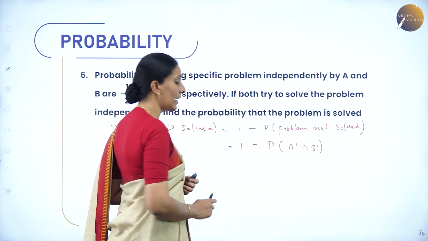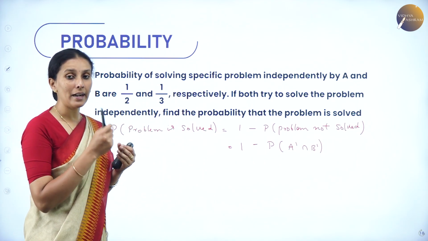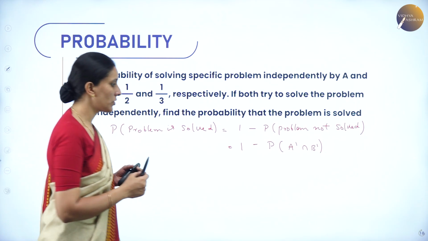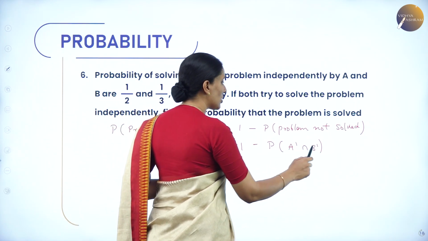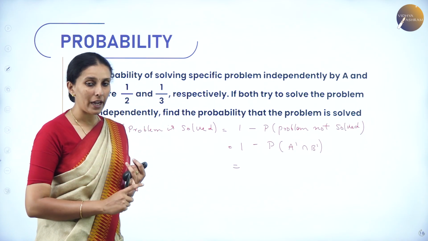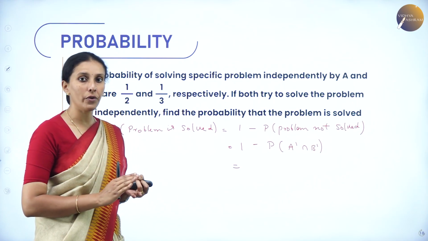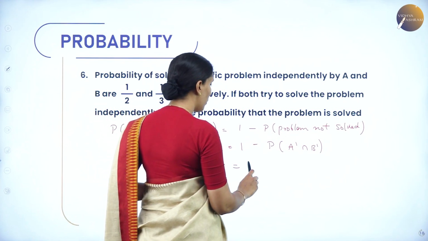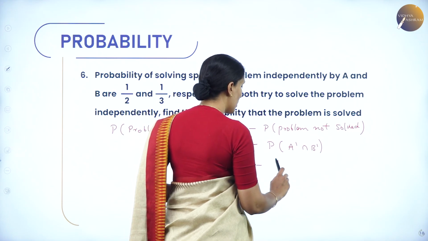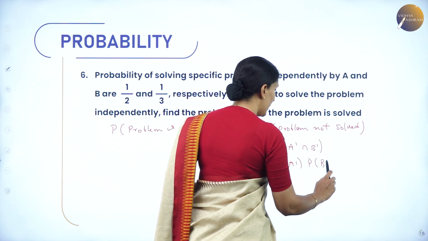Now since they have clearly given independent events, that is A and B are independent events, if A and B are independent, then A dash and B dash are also independent events. So therefore I can write this as the product of A dash into B dash.